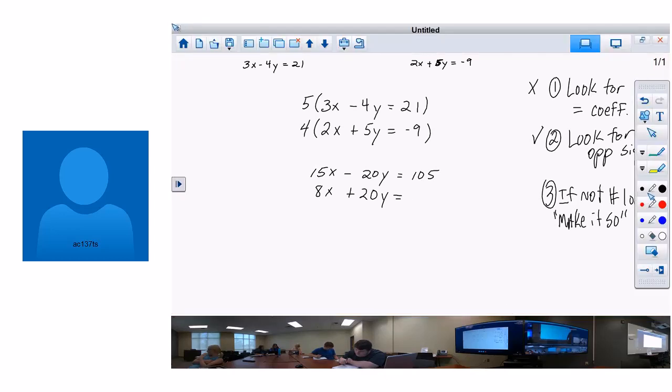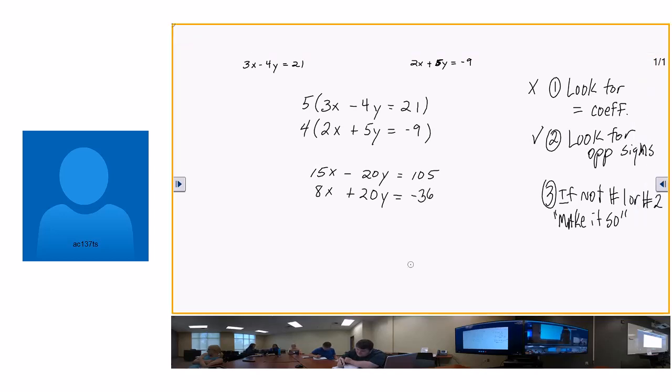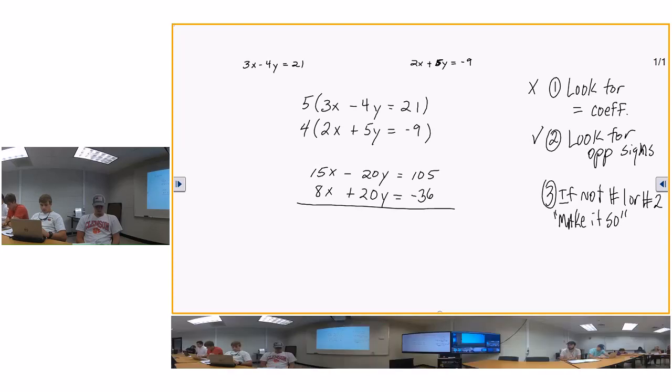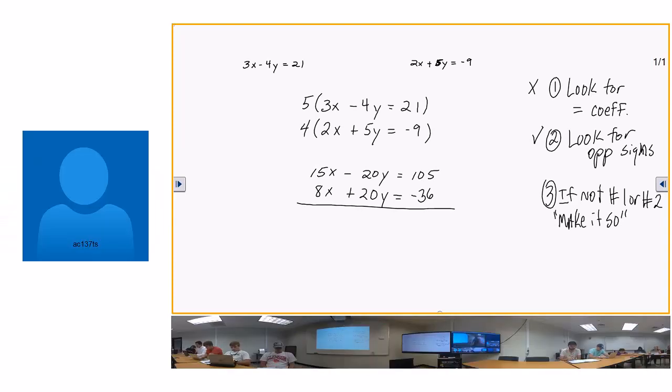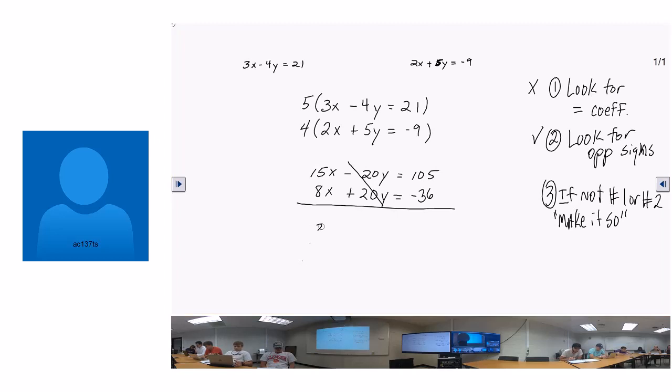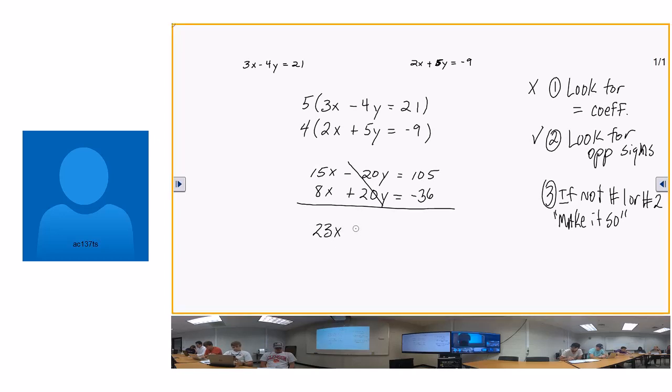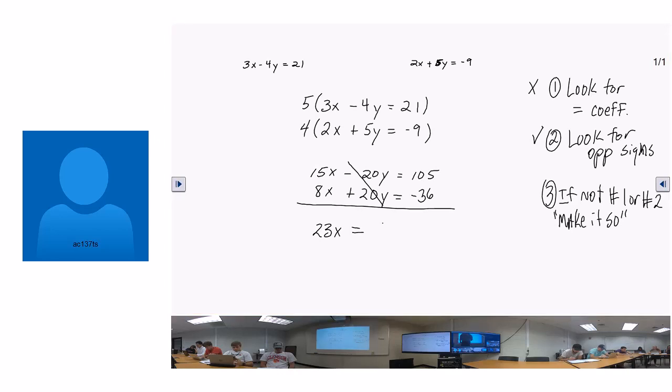And add those two together, and look what happens. The y's go out, and you get 15 plus 8, and we said that was 23. 23x is equal to, what's 105 minus 36? 69.